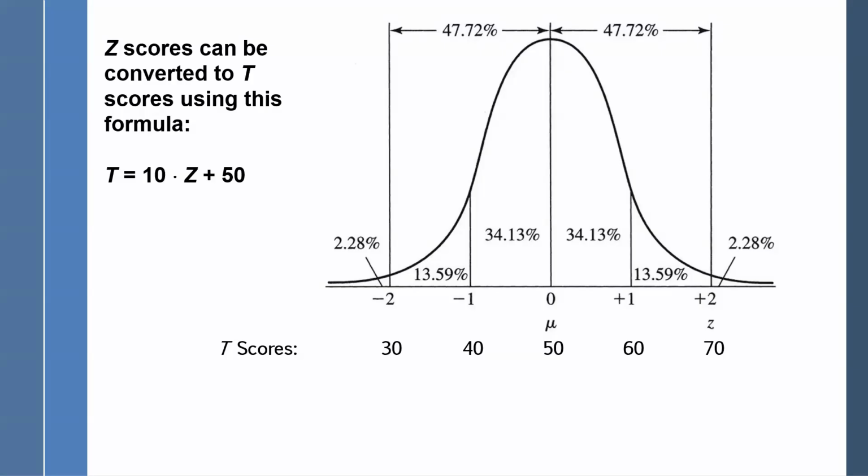And that scale is easier to communicate to people because it's easy to say, oh, your child has a t-score of 60, which is in the at-risk range. It's at the lower end of the at-risk range because they're higher on that value, for example, anxiety or depression, than most other people.